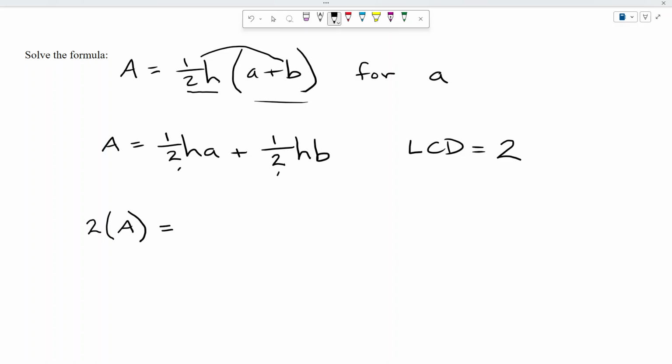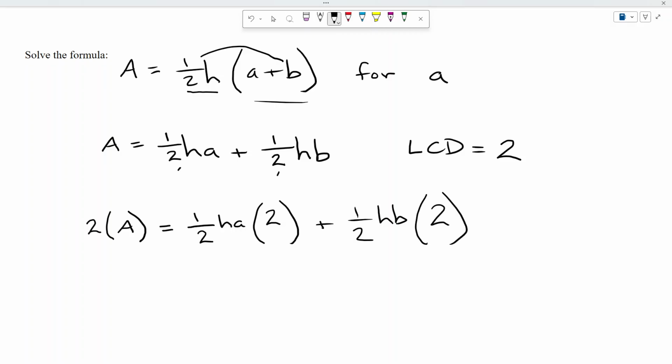So on the left side, that'll just become 2A.